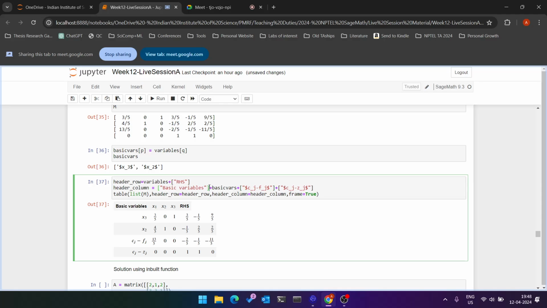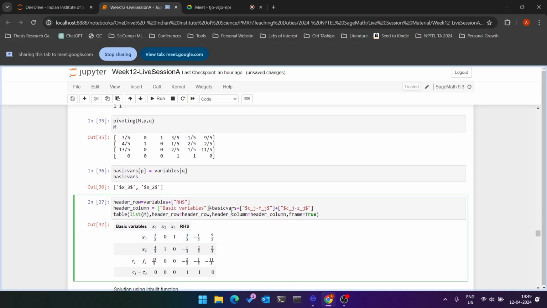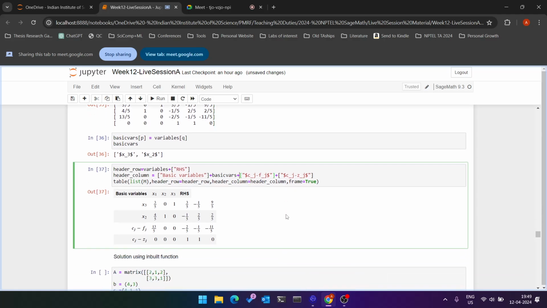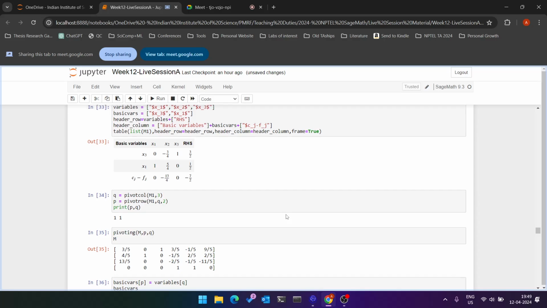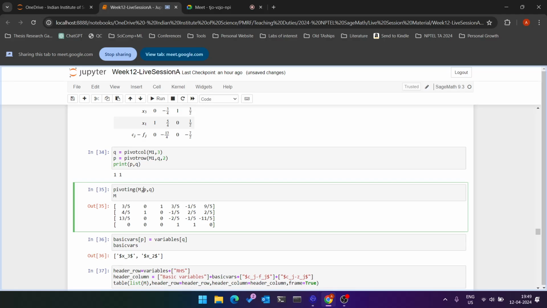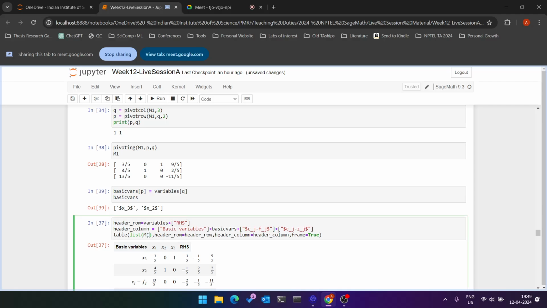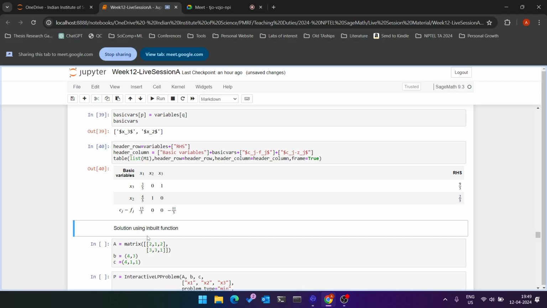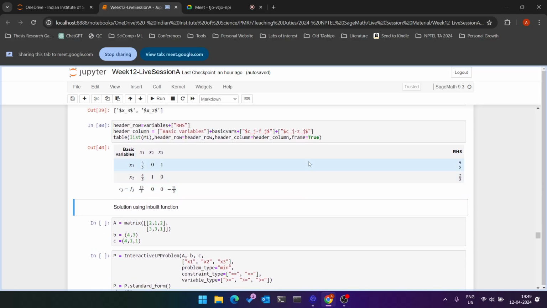Sorry, should be pivoting M1. Right, so this is how it looks, and from this we get the values for x3 and x2 to be 2 by 5 and 9 by 5 respectively as my optimal values.